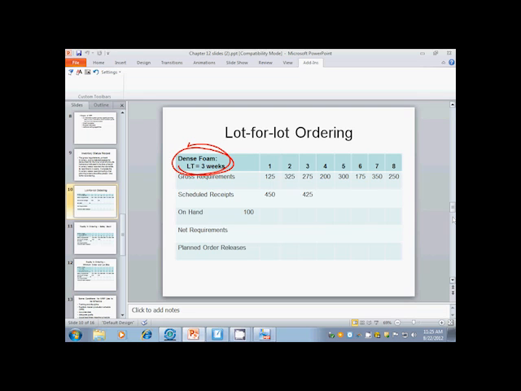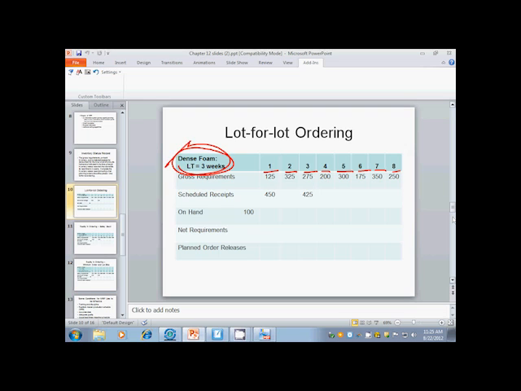It is giving us the raw material that we will be using and the lead time. This is our information corner. And because that's in weeks, I know that each one of these time buckets will also be in weeks. So I'm looking at an 8-week time period here on my inventory status record.